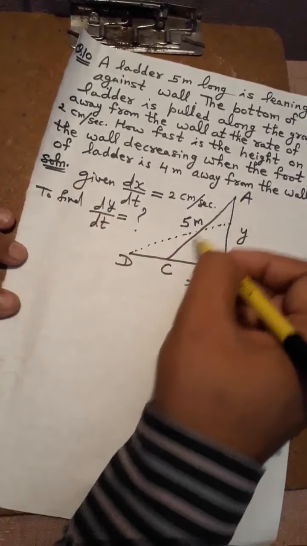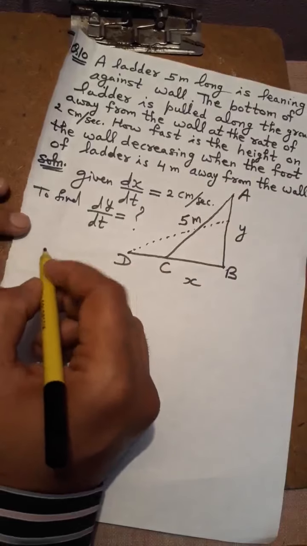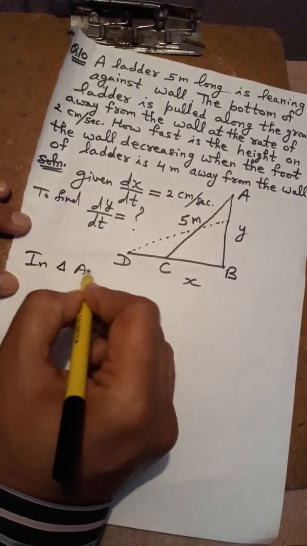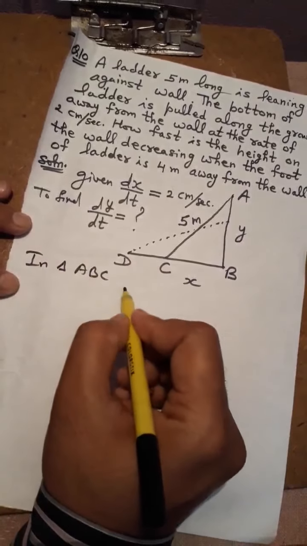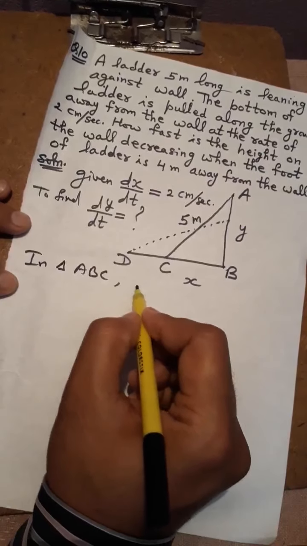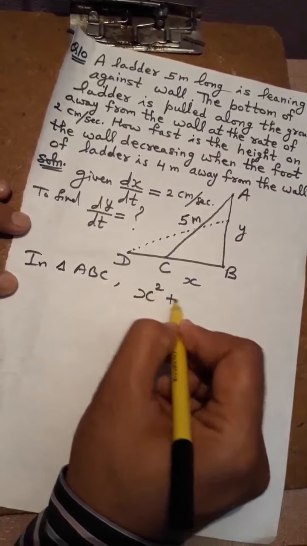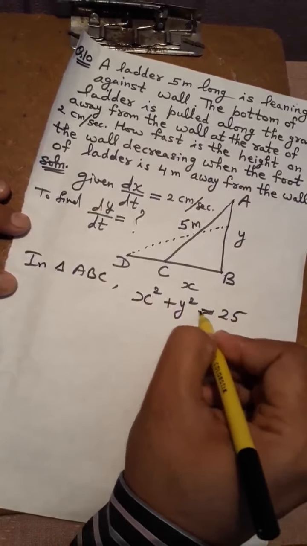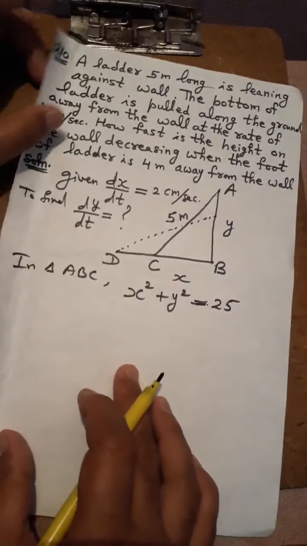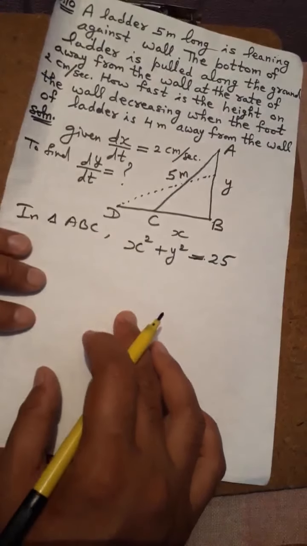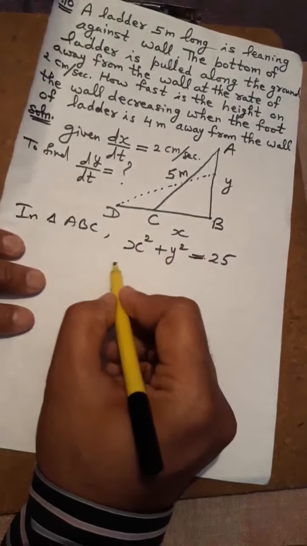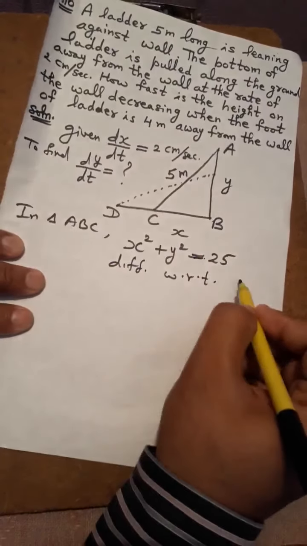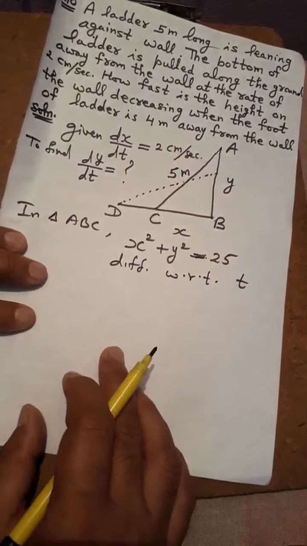As you know, in this triangle ABC, according to Pythagoras theorem, x square plus y square is equal to 25. Now differentiate with respect to t, right?